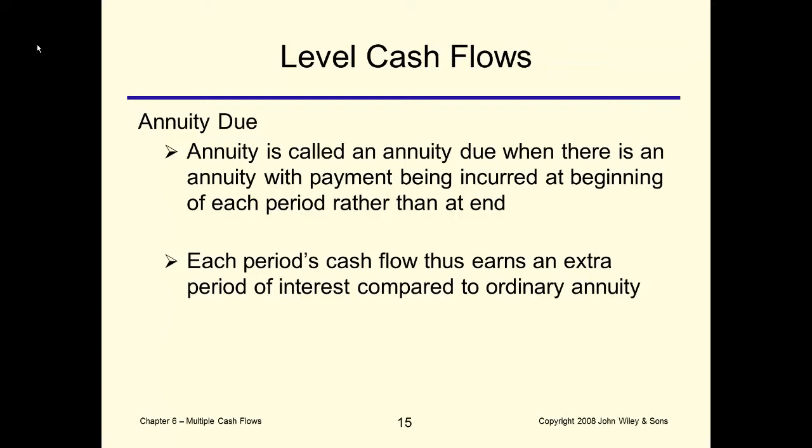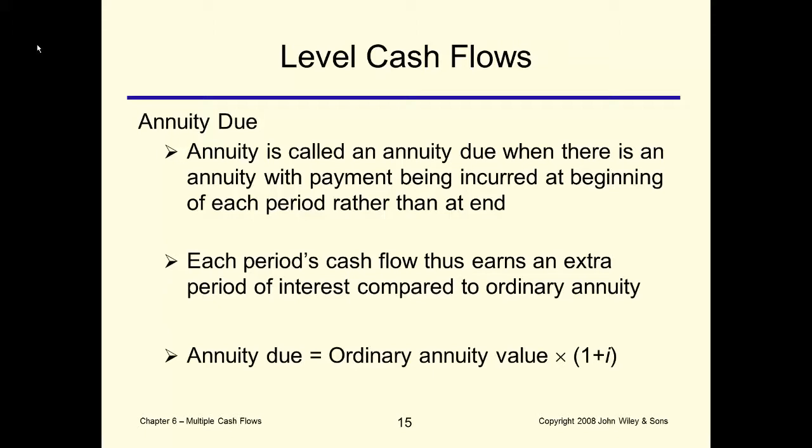Assume you receive a year 1 cash flow and you want to know the future value of that cash flow in year 5. Instead of earning interest over 4 periods, from 1 to 2, 2 to 3, 3 to 4, and 4 to 5, you earn it over 5 periods. Because really, by receiving that payment at the beginning of period 1, it's the same as receiving it at the end of period 0. So you earn extra interest.